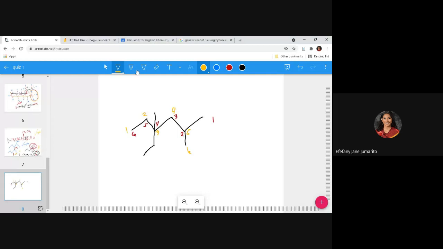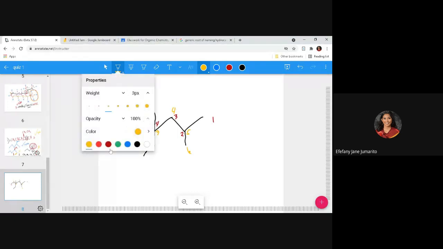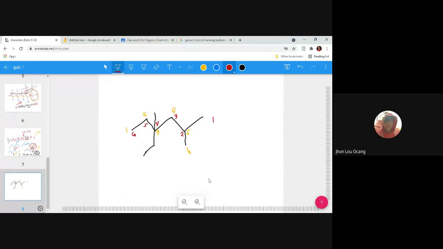Okay, so let's have parent chain sa atong in-name class. Okay, so what's the name of this since it has 6 carbons? So this is hex. Okay, and then it has single bond raman siya. We have ane. Hexane. Perfect. So this is a hexane.